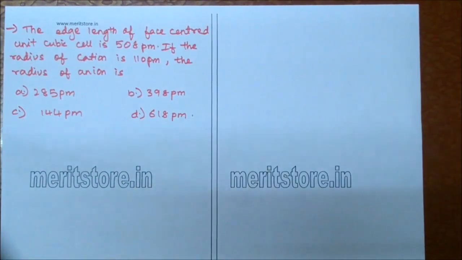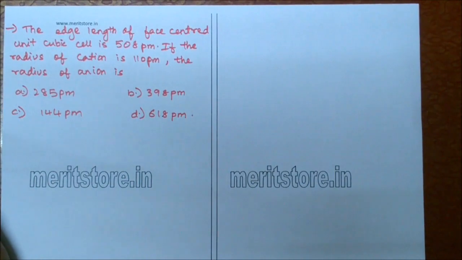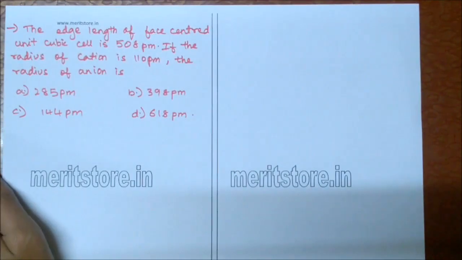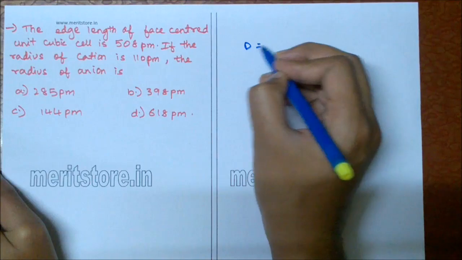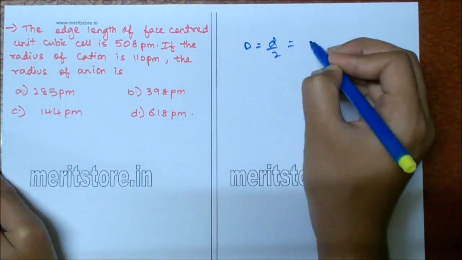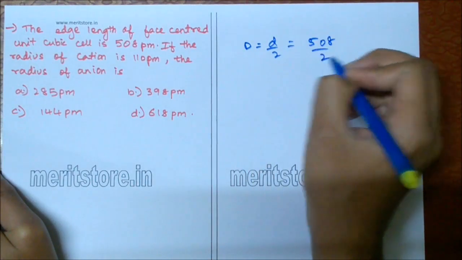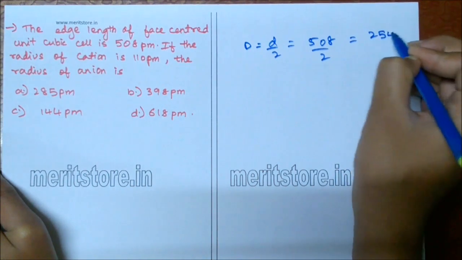The edge length of a face-centered cubic unit cell is 508 picometer. If the radius of the cation is 110 picometer, what is the radius of the anion? The distance between the center of cation and anion is equal to a/2, which is 508/2 = 254 picometer.